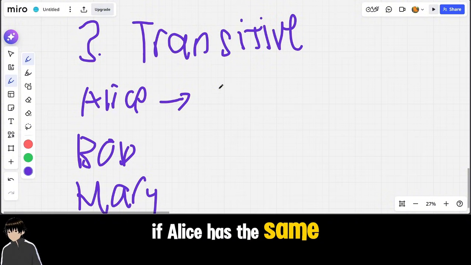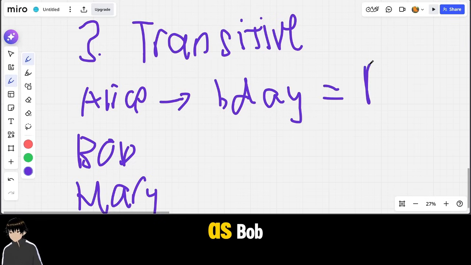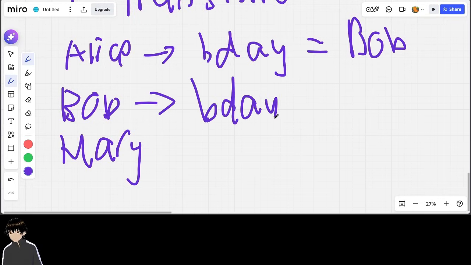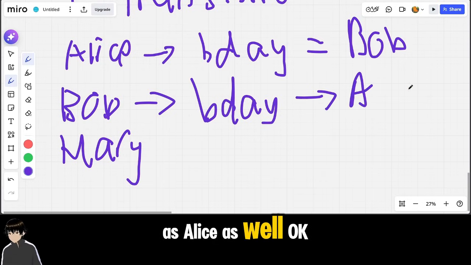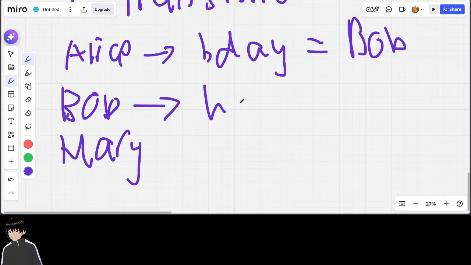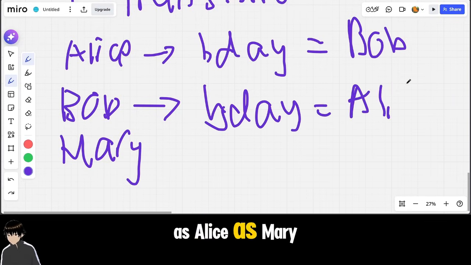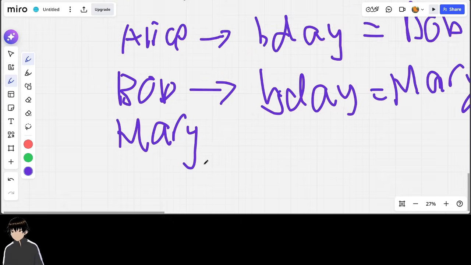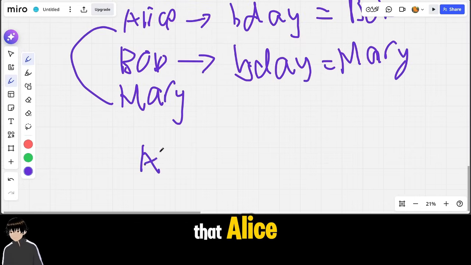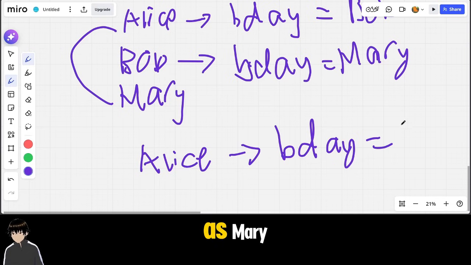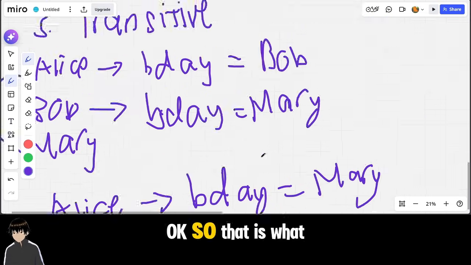If Alice has the same birthday as Bob, and Bob has the same birthday as Mary, then we could safely say that Alice has the same birthday as Mary. So that is what transitive is.